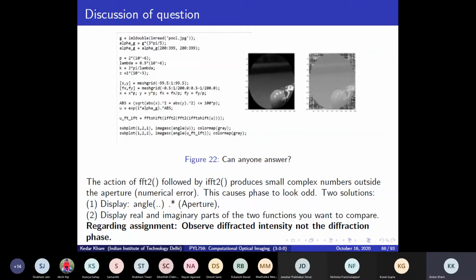But since they are small complex numbers, in double precision computation, it's not going to zero out things really. Even if there are small complex numbers, there will be some real part and some imaginary part. As a result, when you display the angle, you will see that there is something there. So if you try to just display the angle multiplied by the aperture, then you will see that there is not much difference.